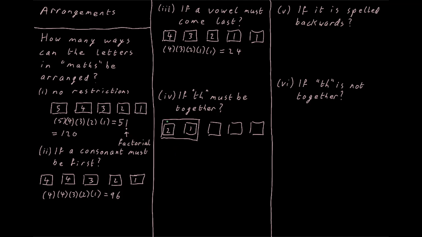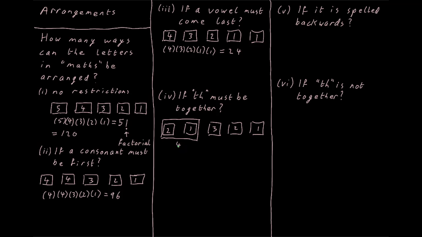Now, this whole unit, the TH block, moves together like it was one of the other blocks. So I have 4 different places that pair could come down. And then I'd have 3 letters left over and 2 letters left over and 1 letter left over.